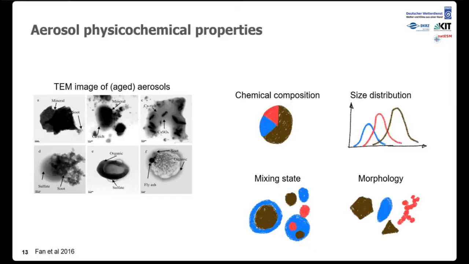At the same time, you see already in this TEM image that we have some particles combined with each other. And this is what we call the mixing state. If you have individual particles separated from each other, existing individually, we call them externally mixed. But when they come together, like a core coated with some soluble species, we call it a coated particle or internally mixed.